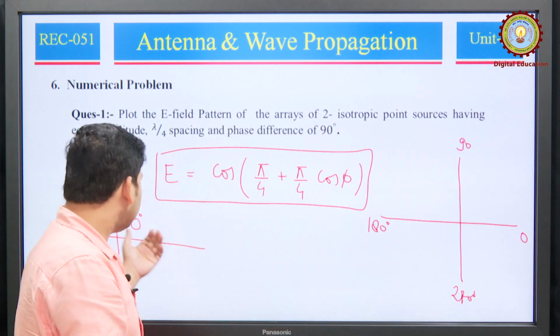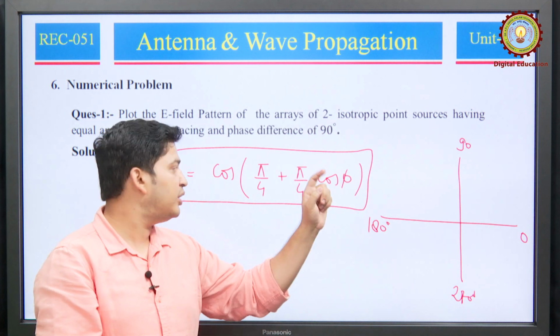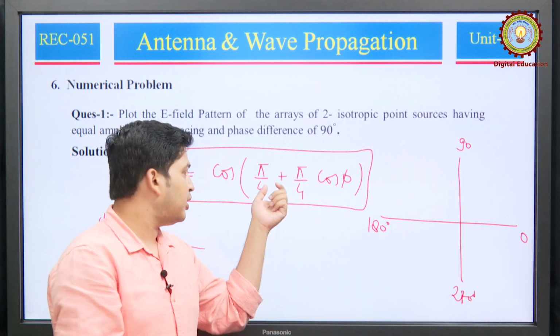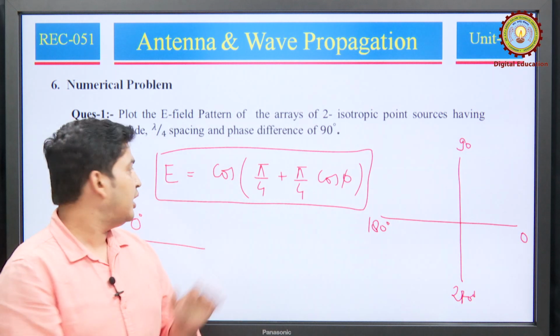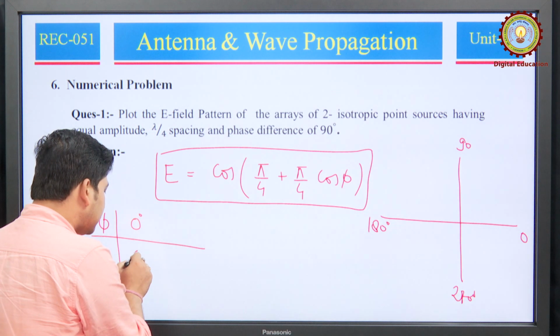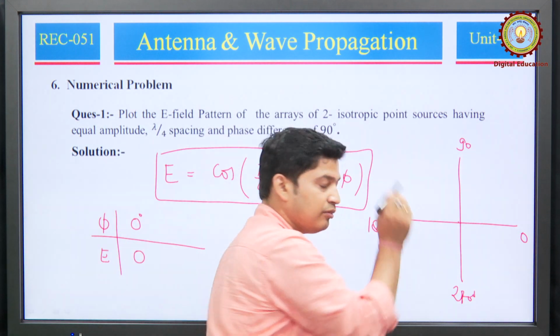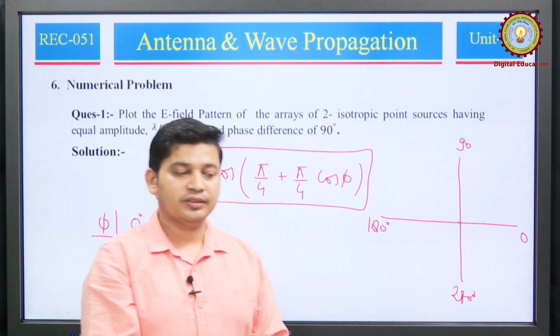So, when you put phi equal to 0, cos 0 is nothing but 1. So, pi by 4 plus pi by 4 is pi by 2, and cosine pi by 2, as we know, is 0. So, our first value is nothing but 0. So, we are here in this coordinate system at 0.